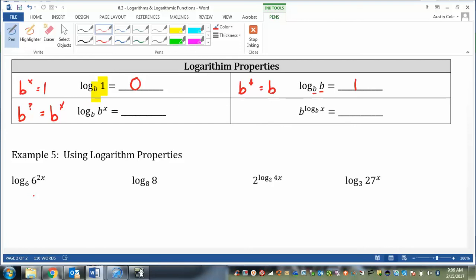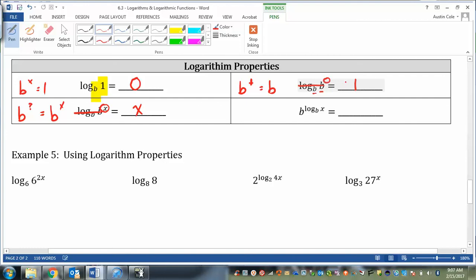It's got to be x. So here's our little shortcut. If our base here and that number are the same, those cancel, and I'm just left with that exponent. Kind of like I did over here, guys.